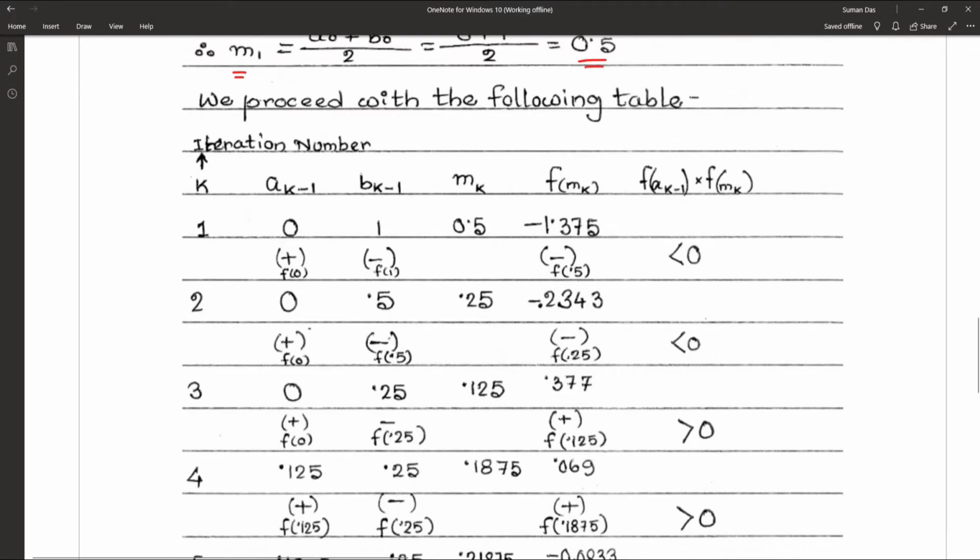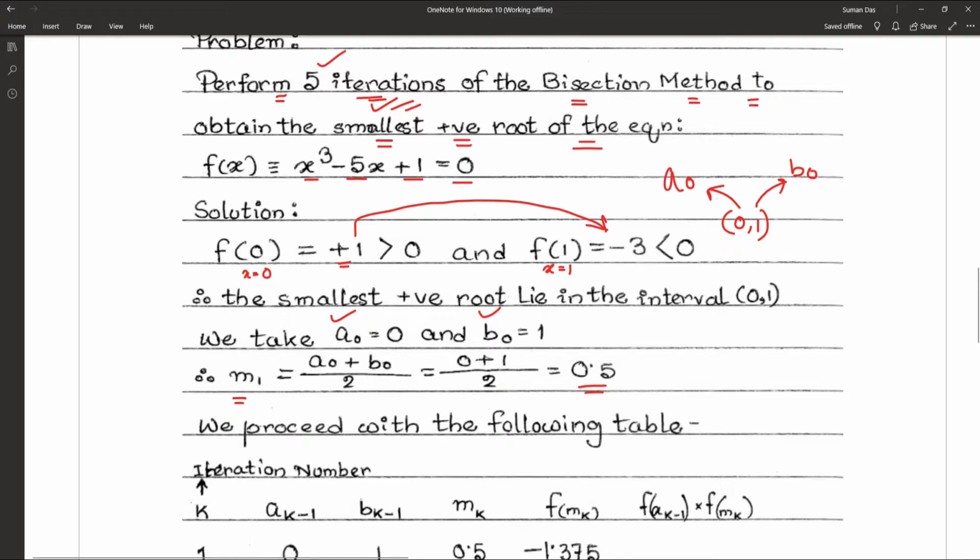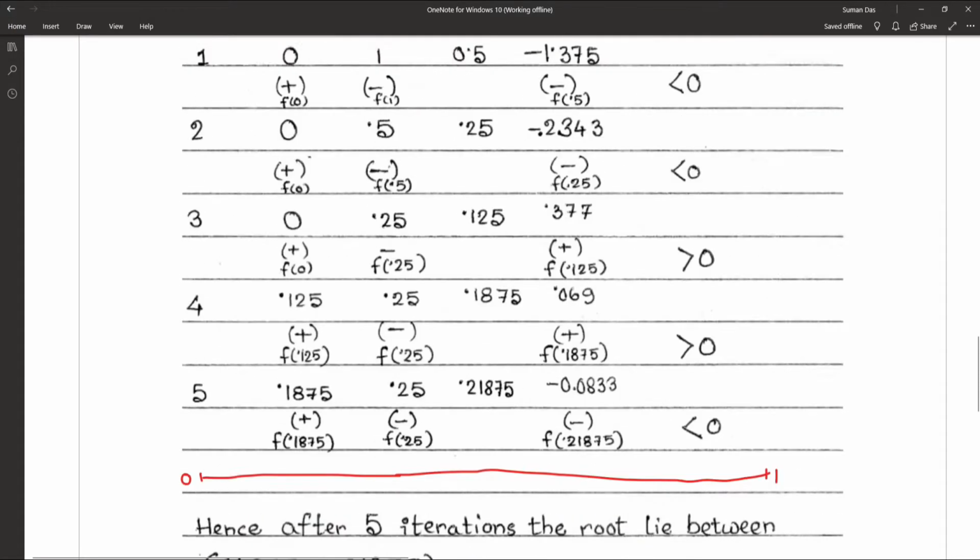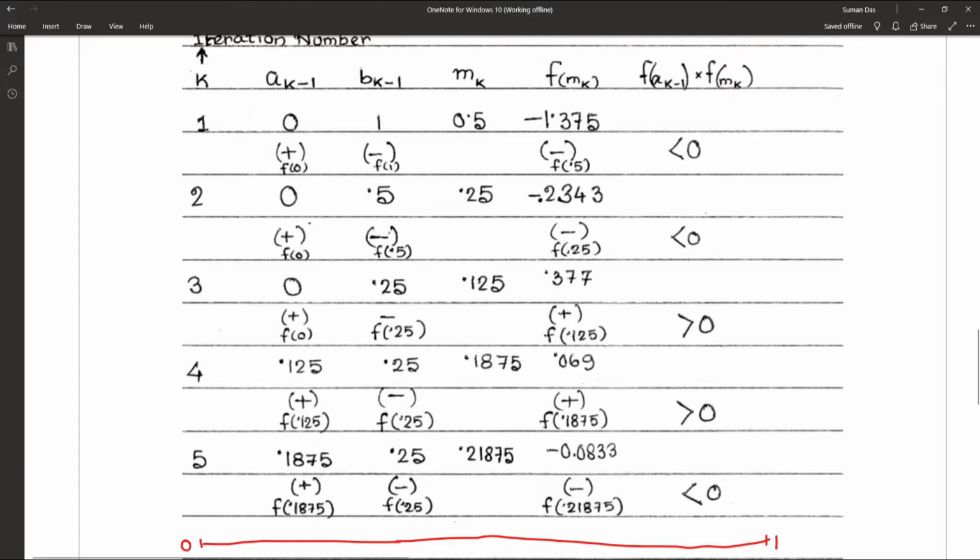At 0 we get a positive sign for f, and for x equal to 1 we get a negative value of the function. Proceeding to the table, at 0 it is positive and at 1 negative, and at the middle point we get m1.